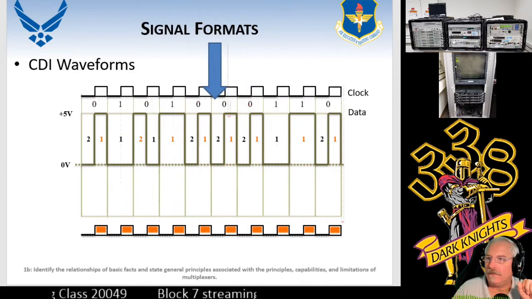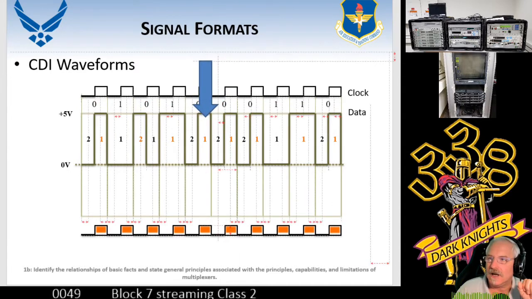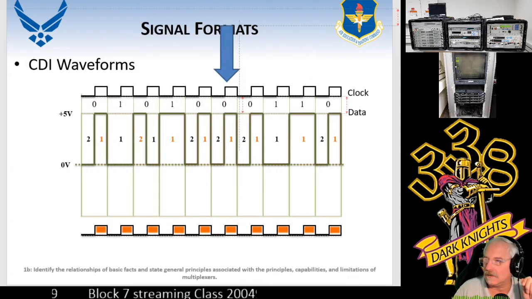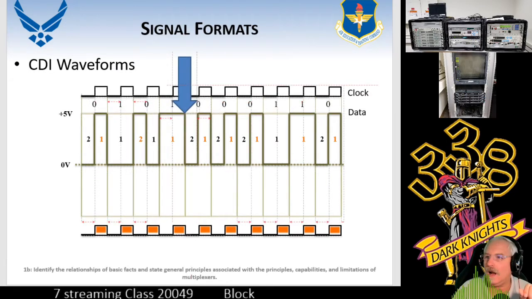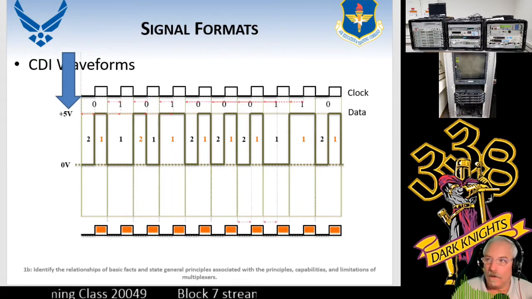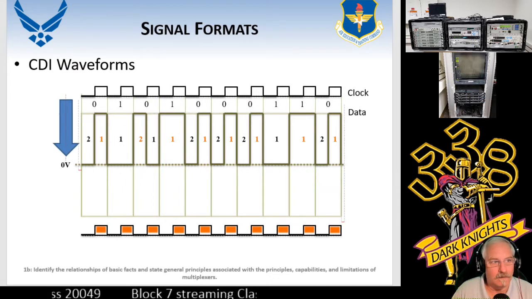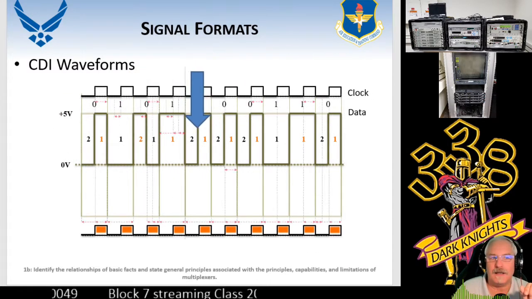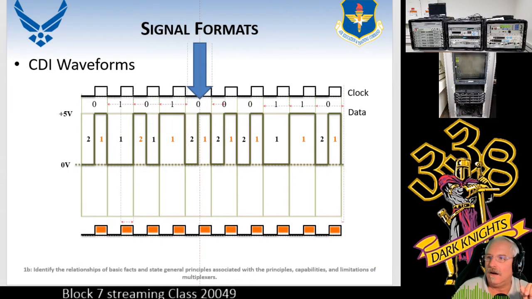You can see that we have 3 zeros in a row, and there's 2 transitions each time, and they're normally within the clock cycle and with the clock cycle. Again, we get a data of 1, only 1 transition. Again, it doesn't rely on logic 1s being +5 and zeros being 0. It relies on how many times it transitions within the clock cycle depending on the data. So that's what CDI does.